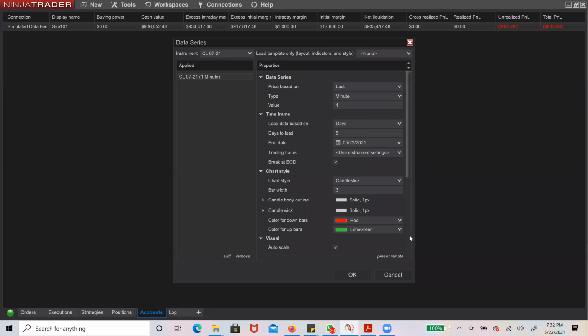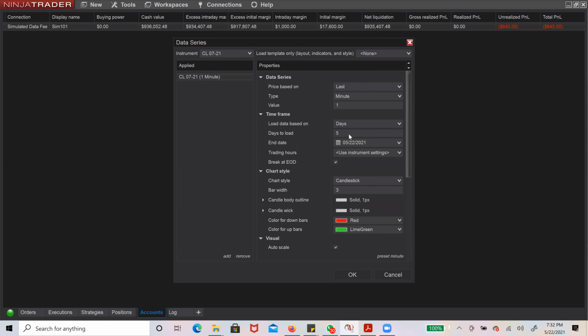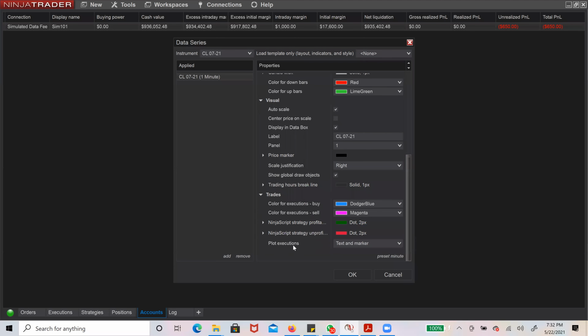So now I want to do crude oil trading. The whole thing, I'm just keeping everything as it is. I'm not changing any values. I'm only modifying this particular part, text and markers, to markers only. If you have text and markers, I will show you what's going to happen.